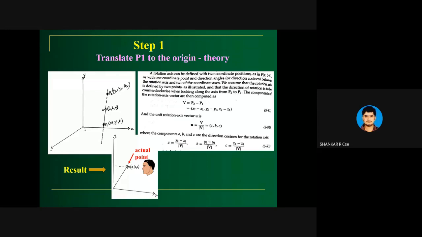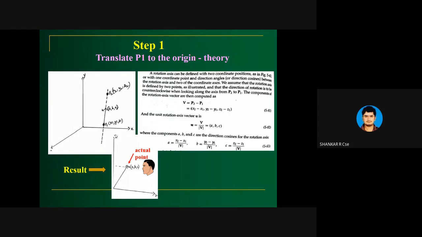To make you understand in a nice way, consider P1's coordinate is 10, comma 20, comma 5. How do I get this 10, 20, 5 to 0, 0, 0? I should subtract equal amounts of x, y and z. That is minus x1, minus y1, minus z1, minus 10, minus 20, minus 5. So 10 minus 10 is 0, 20 minus 20 is 0, 5 minus 5 is 0. That is how P1 comes to 0, 0, 0.